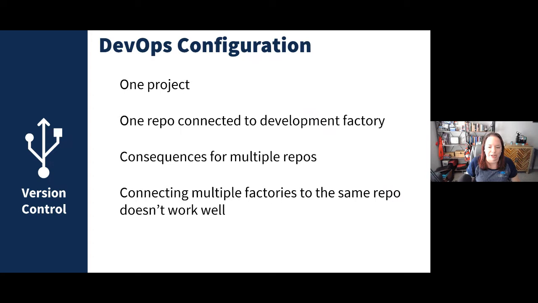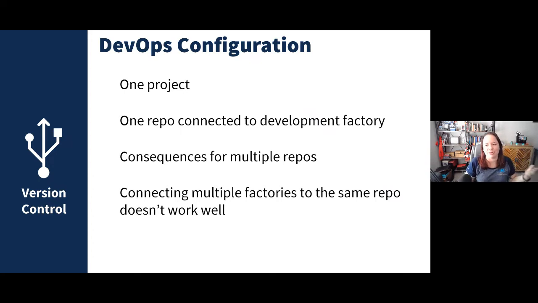And I hadn't thought to try this, so I was kind of impressed someone did it. I saw in a client environment, they had a dev and a prod data factory, and they were connected to the same repo. They basically tried to use branches, so a dev branch and a prod branch, and it didn't work very well.